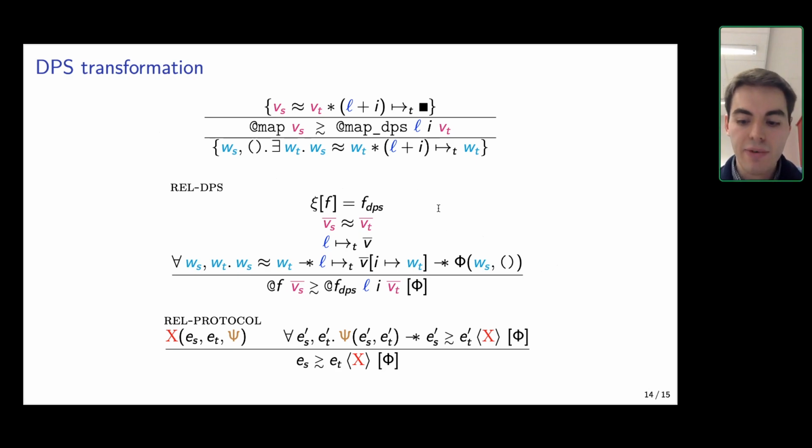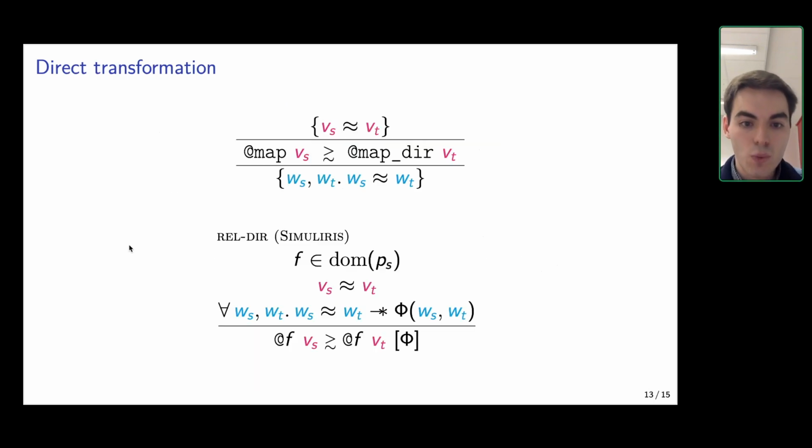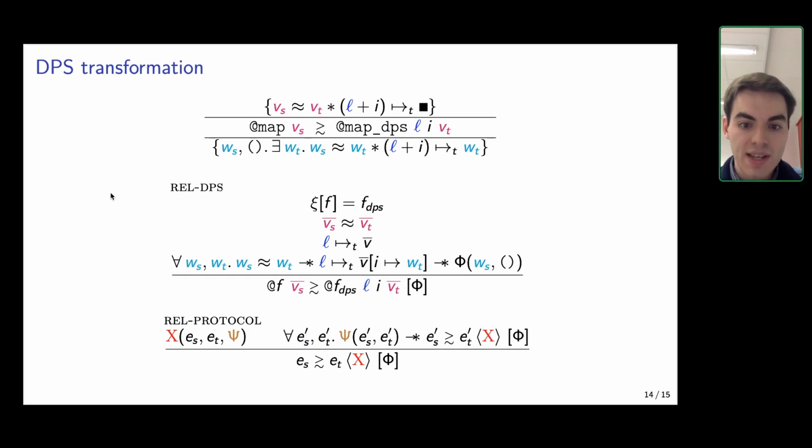All right, and as before, this specification can be derived from a more general rule in the logic that I have produced here. Actually both the former rel-dir rule and this new rel-dps rule are derived from a more general rule that I introduced earlier, the rel-protocol rule.